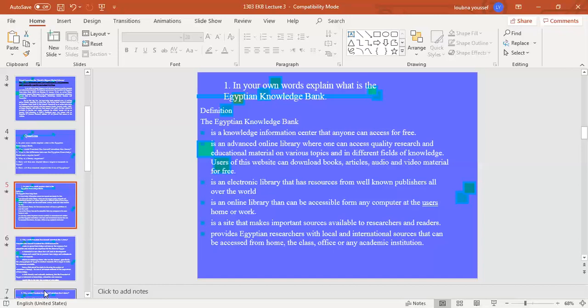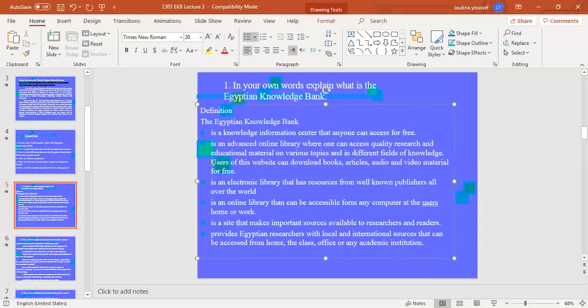The users of this website can download books, articles, audio, and video material for free. Now, this sentence is from the passage above. So what are we going to do? We're going to use quotation marks, all right? Because if we don't use quotation marks, this sentence will be plagiarized. So here I added quotation marks.